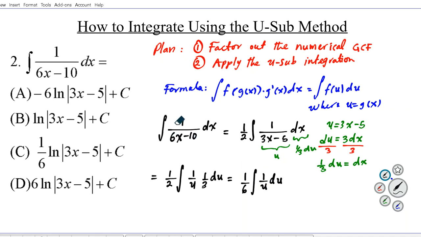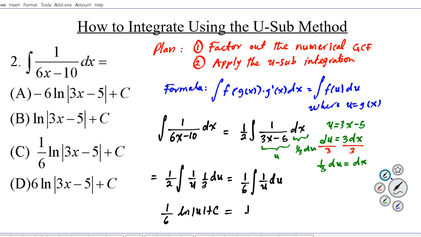Now this is the beauty of the U substitution. Compare this integral right here to this. This is much more elegant and easier to compute, right? Okay, so now let's go ahead and integrate. If we integrate that, we're going to have 1 over 6. The integral of 1 over u is the natural logarithm of the absolute value of u plus c. Okay, so we're going to resub the value of u back into our result. u is 3x minus 5.